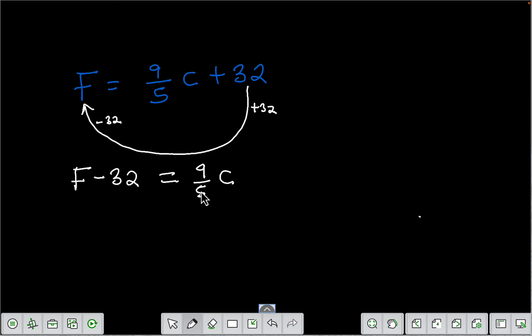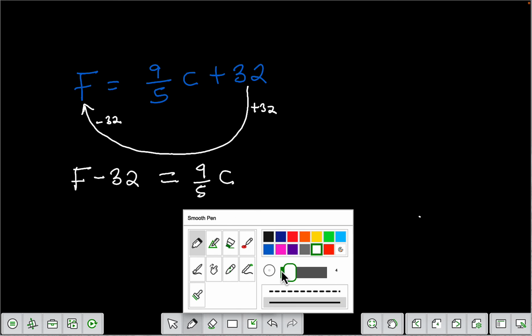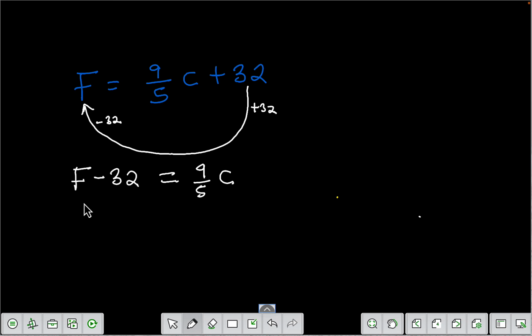Now C is what we want. There is a fraction here, so we can take the fraction off. So we multiply everything here by 5, right? This is where you are likely to make a mistake. To change the fraction, the denominator here is 5, so you can multiply each term by 5.